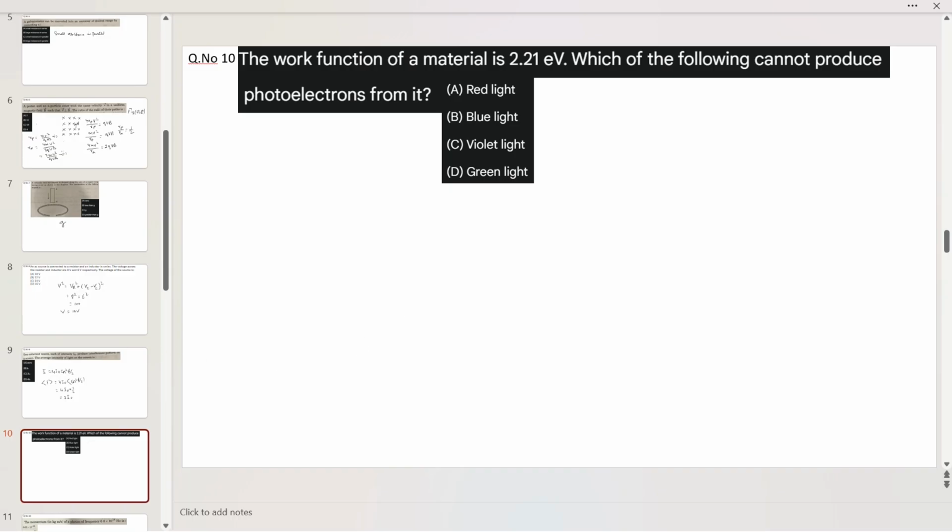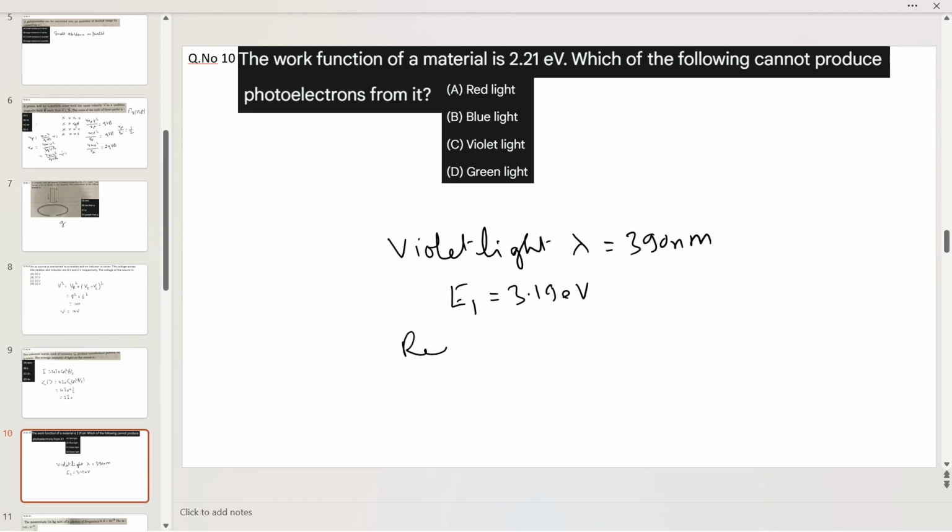Now I am going to the work function. Here, you must remember this, for violet light your wavelength is 390 nanometer, and the energy of a photon will be 3.19 electron volt.